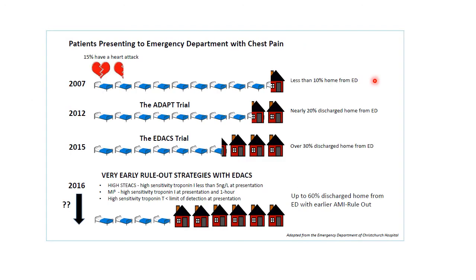So I'm jumping ahead a little bit, from the situation I described where less than 10% of patients could be successfully discharged from the ED through a number of studies that have been undertaken over the years, to a current situation where 60% or more can be safely discharged.